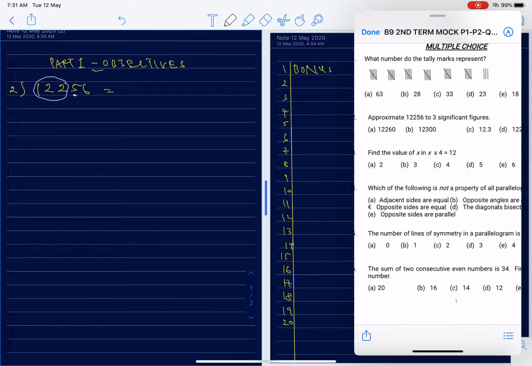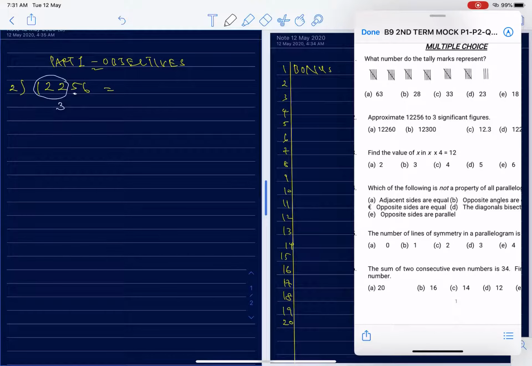If it's 5 or more than 5, we add 1 to the third significant figure. And in this case, it's 5. So we add 1 to this 2, and it becomes 3. And we write all the remaining digits before that 3, 2, 1. And every other thing after that third significant figure will become 0.